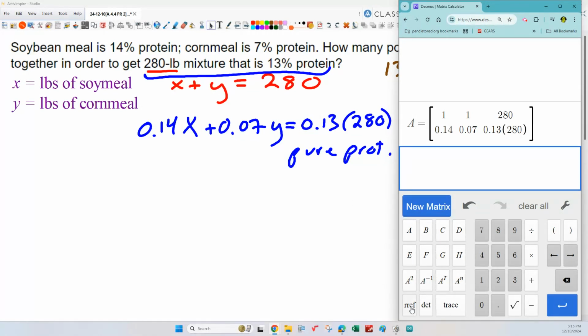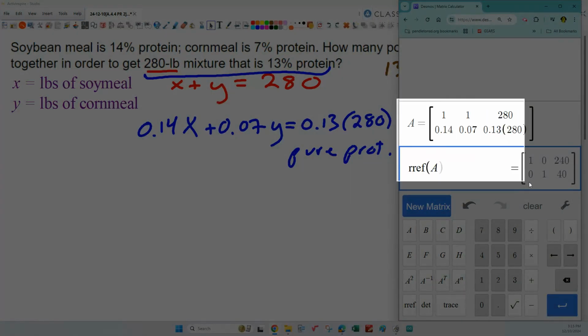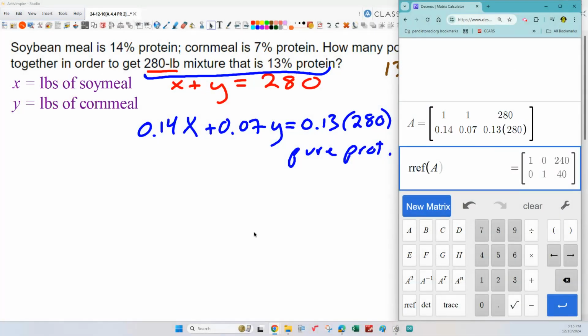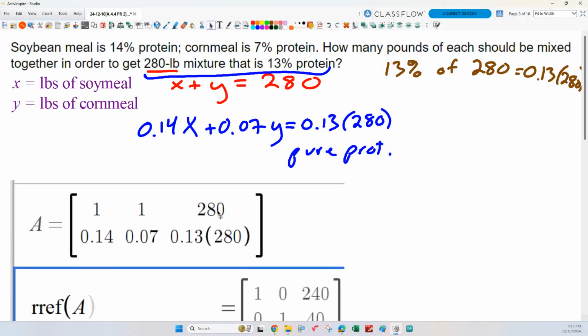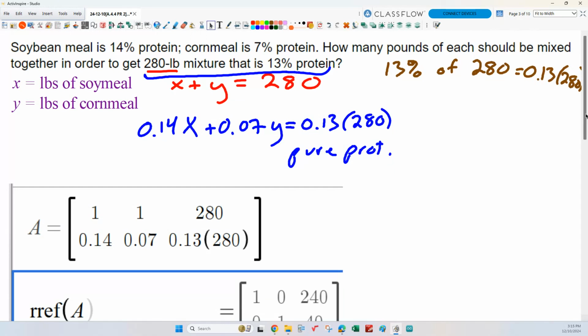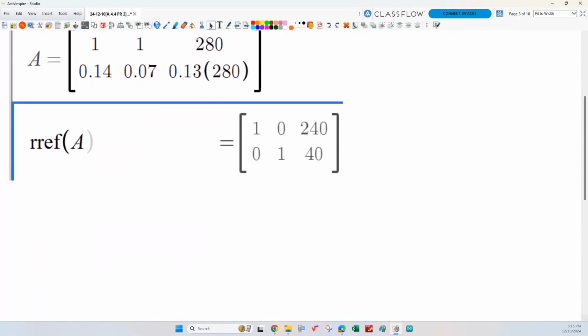Okay, so then I'm just going to do RREF of A, and there's my answer. So you guys interpret that, please. What's that telling me? Yeah, this is telling me X, isn't it?